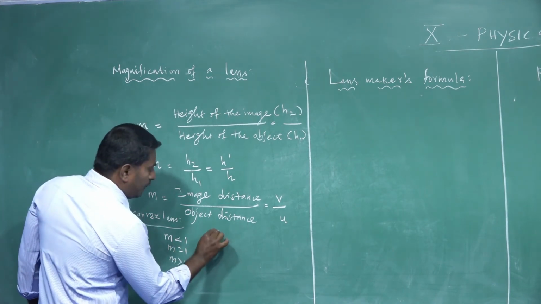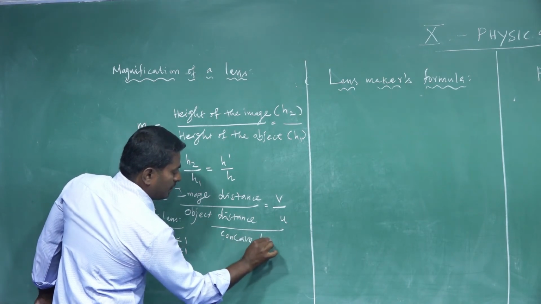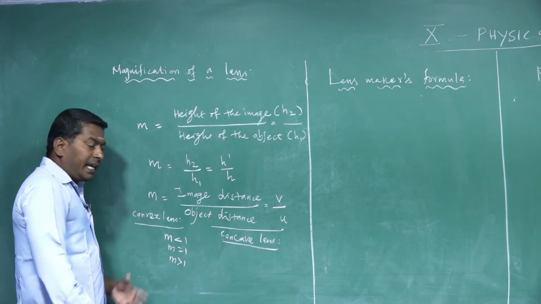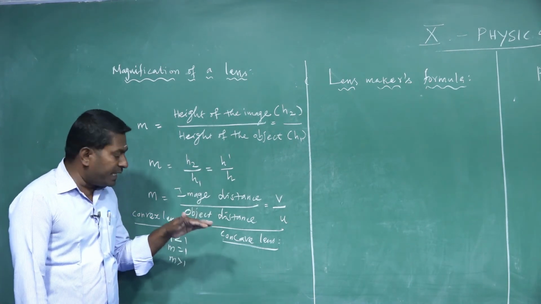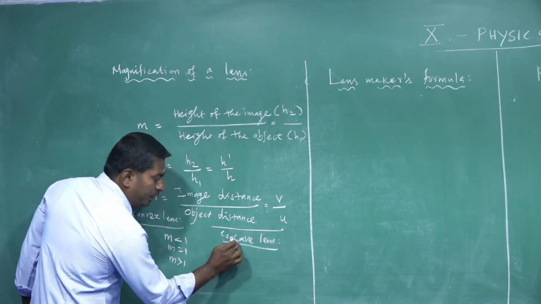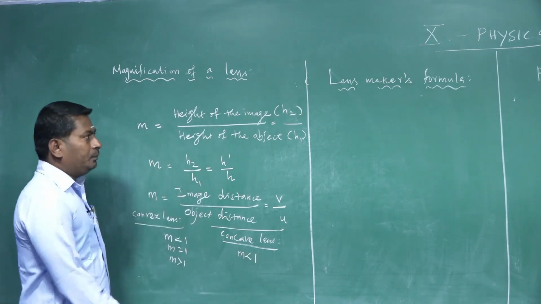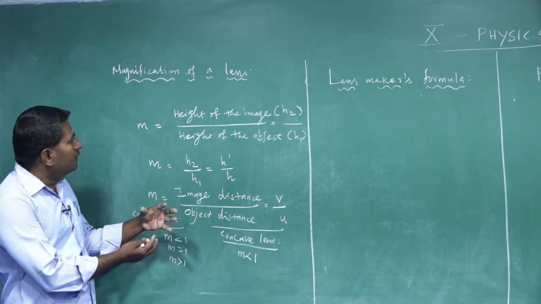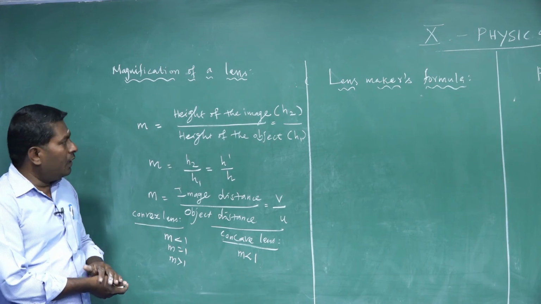But in the case of a concave lens, the size of the image is always less than the size of the object. Hence, the magnification produced by a concave lens is always lesser than 1. So this is the important thing in the case of magnification of spherical lenses.